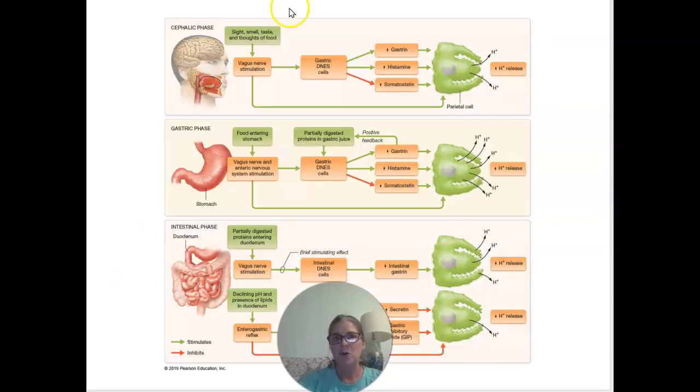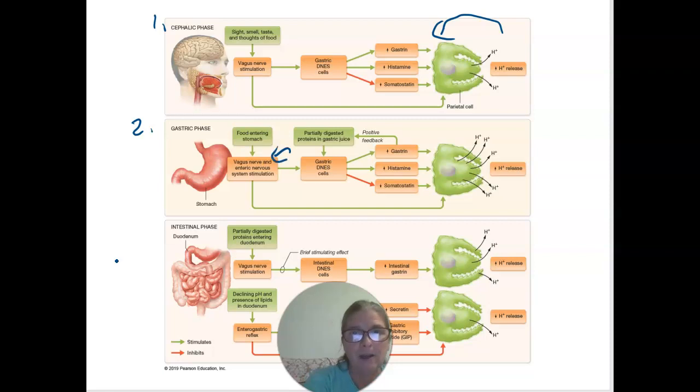So this is just an overview. There are 3 phases that affect the stomach. We have the cephalic, when we think about food or see food. That's always going to be excitatory. We have the gastric phase, which happens once we eat the food and we stretch the stomach. We're going to increase, again, more vagal tone, more vagus nerve.